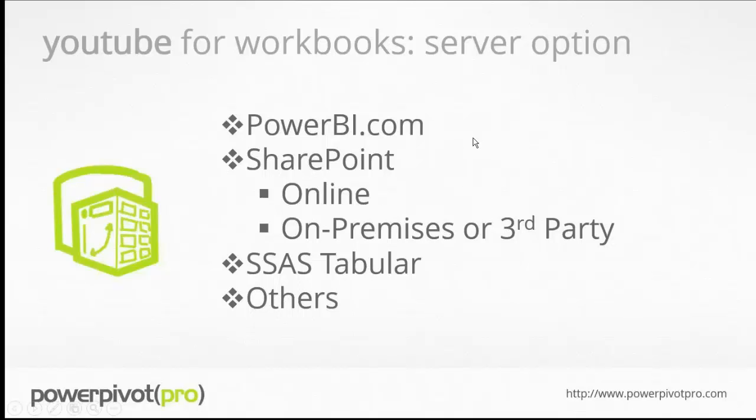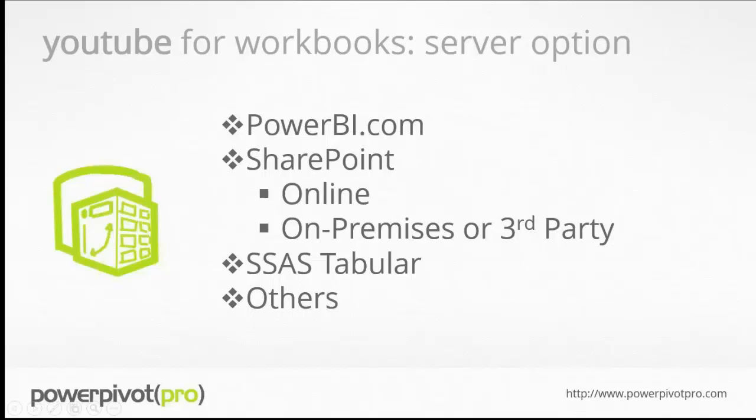Your options are going to depend on your server route, your YouTube route. If you go with PowerBI.com, one choice can be that you're only using cloud sources, you're only pulling in data from Salesforce and MailChimp and all the connectors that they have online. Then that should work right out of the box. However, I doubt that would be the case for anybody.